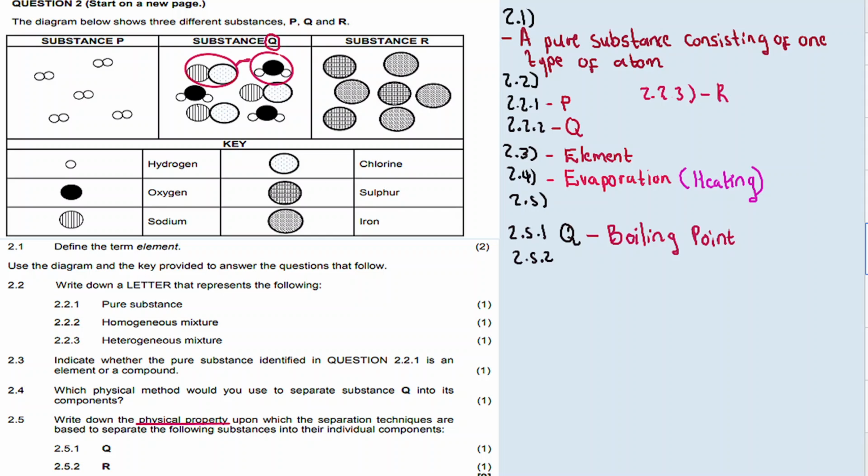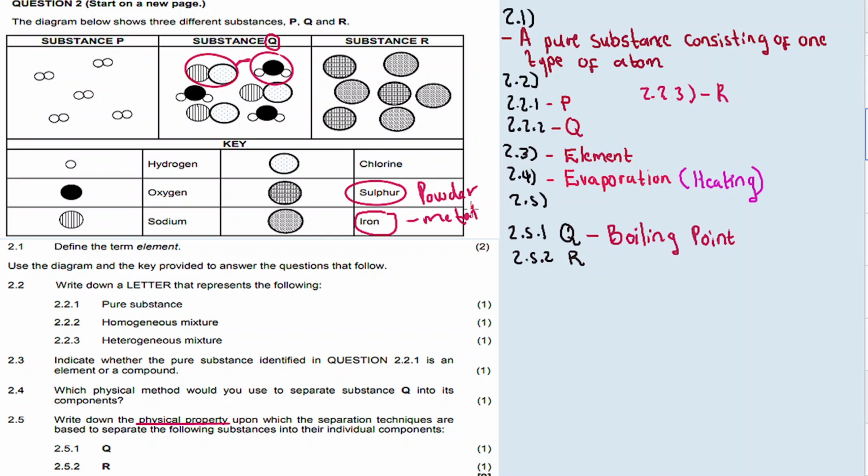2.5.2, what's the physical property used for substance R to separate it into its individual components? Now look here, sulfur will exist as a powder, and then iron is a metal.